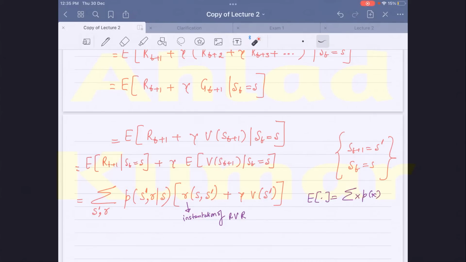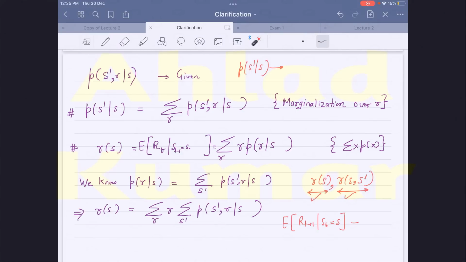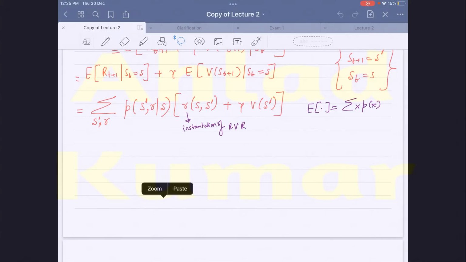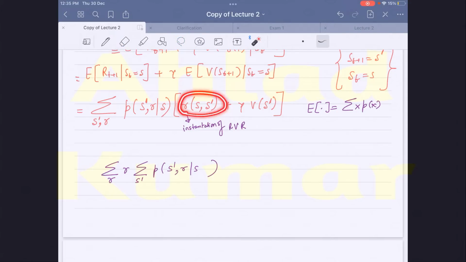So you can see both of them are the same. Let me copy this from here so that you will understand what I am saying. If I copy it here, then you can see both of them are the same. Here you have reward, here also you have reward, here you have this transition function which is the same as this one. The only difference is we have these two summations here.